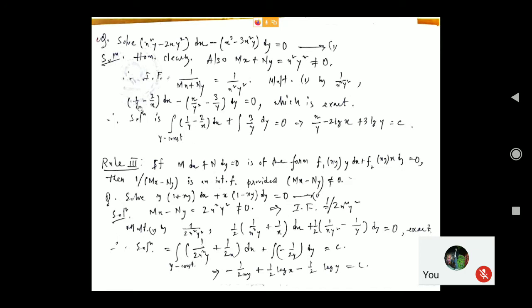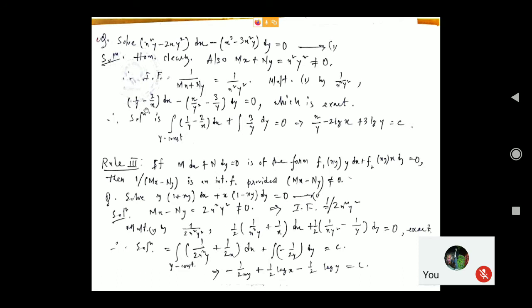Then you can see the original equation 1 reduces to this equation. Now if you check the condition for exactness, you will see that the condition is satisfied now. Therefore, this becomes exact.